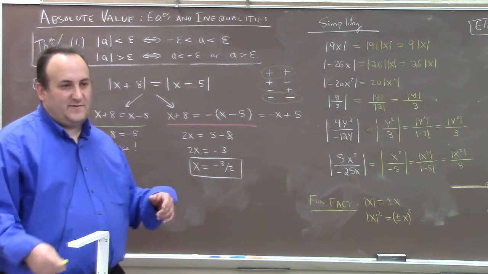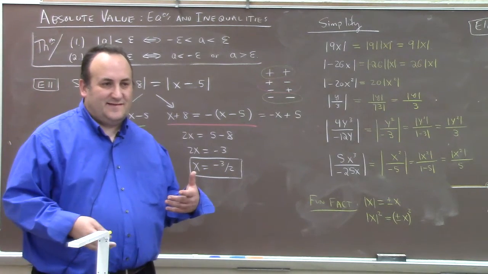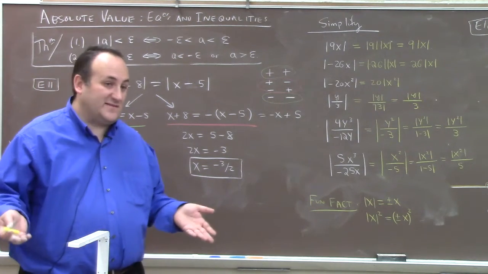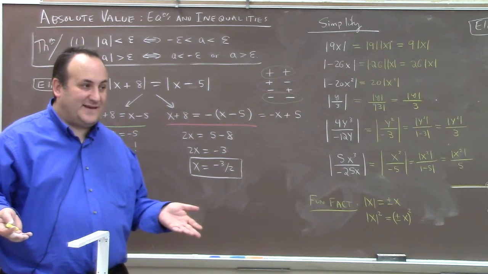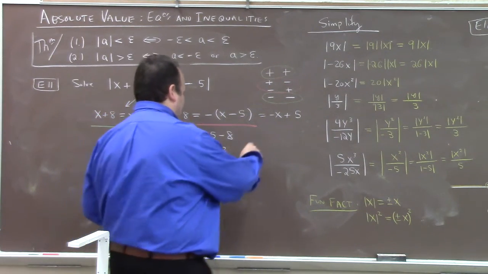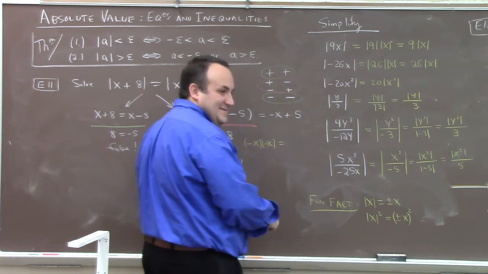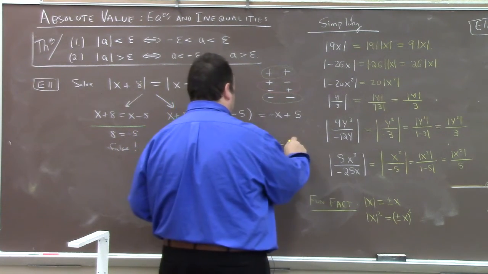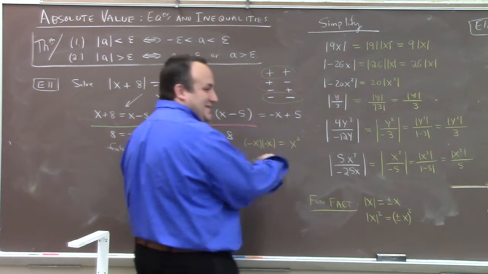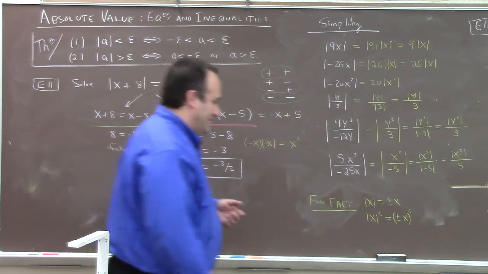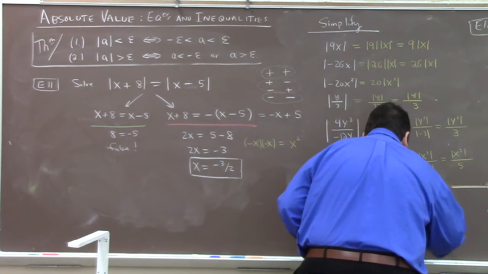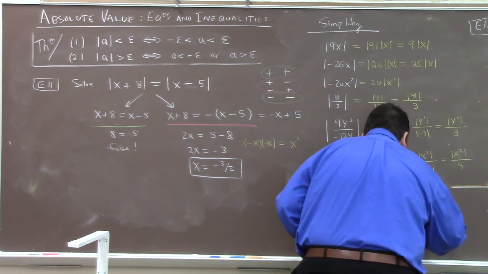Now, what happens if you square plus x? x times x is x squared. What happens when you square minus x? What's minus x times minus x? Yeah, it's x squared. The minuses cancel. So it's kind of a funny thing, but the absolute value of x, squared, is x squared.